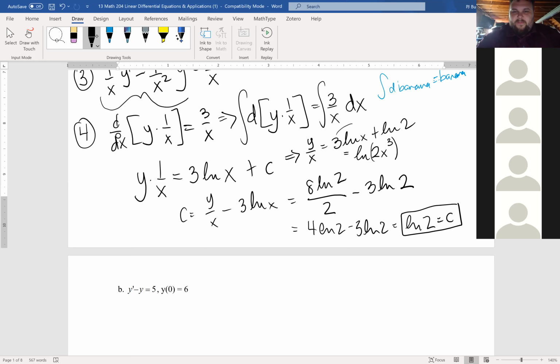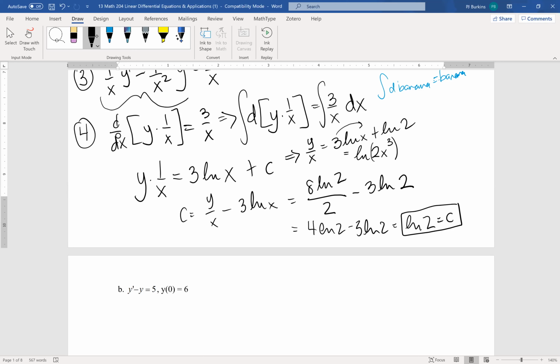I bring this up as a power, and then it's the addition of 2 logs, so you'd multiply the insides. And then you would multiply the other side by x. So all said and done, you would get y equals x natural log 2x cubed.